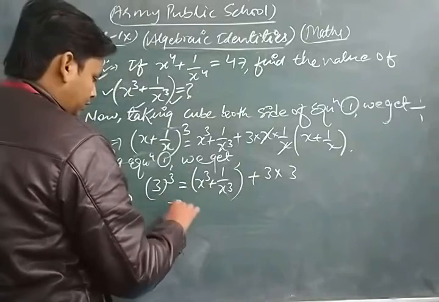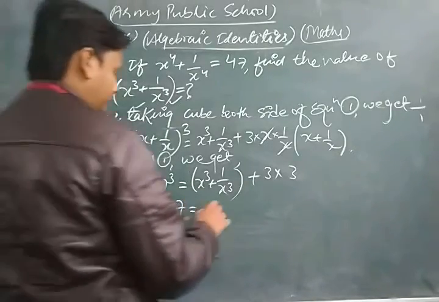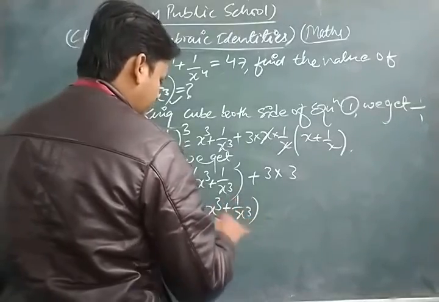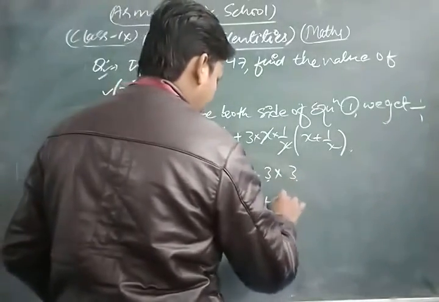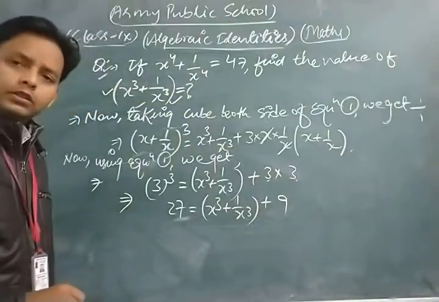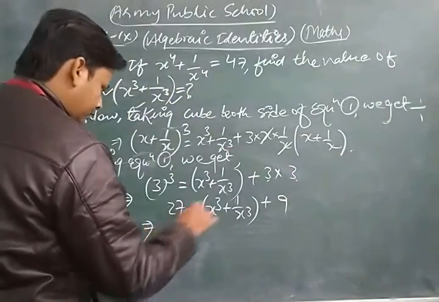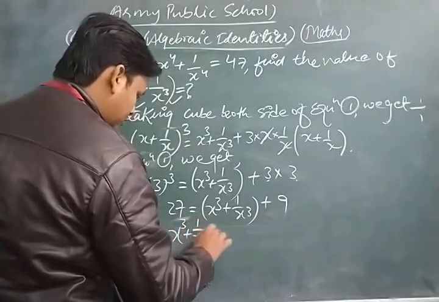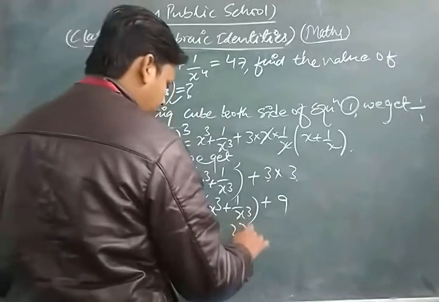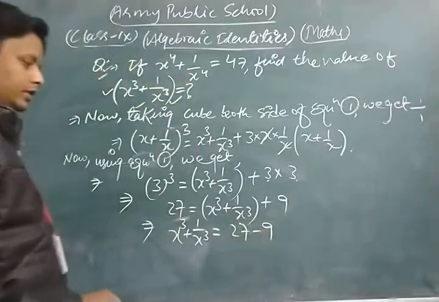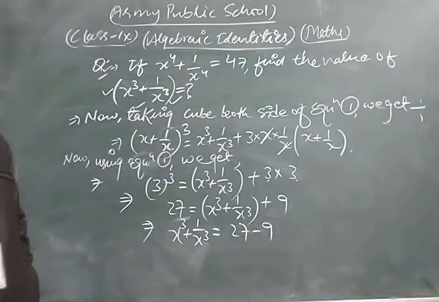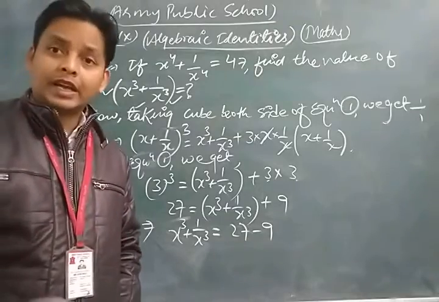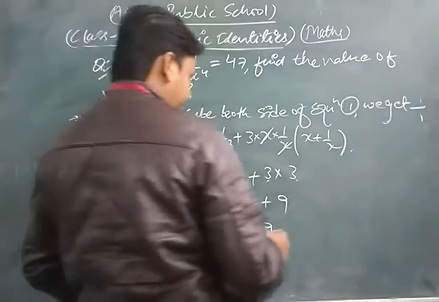This is 27 is equal to x cube plus 1 upon x cube plus 3 3 is 9. Now we can write x cube plus 1 upon x cube is equal to 27 minus 9, that is 18.